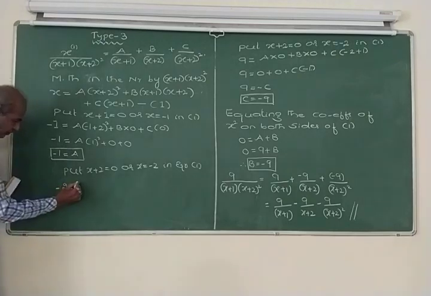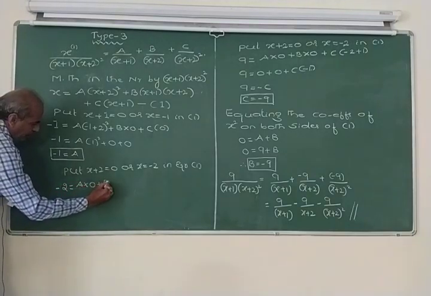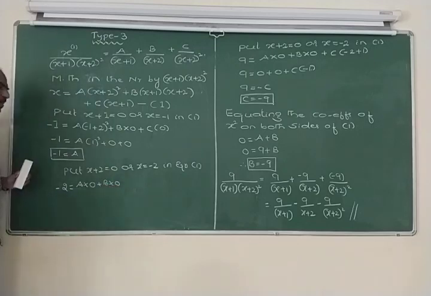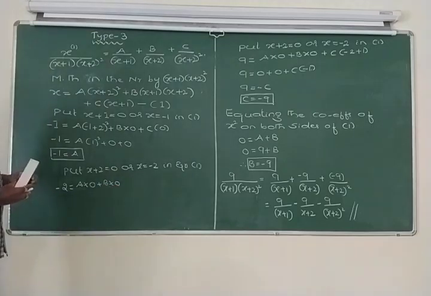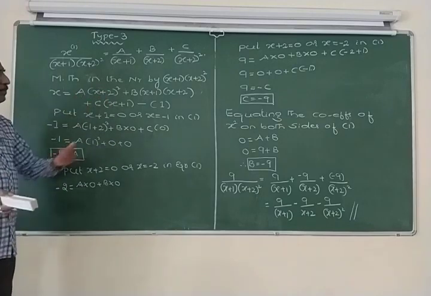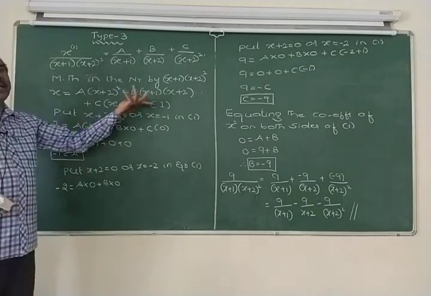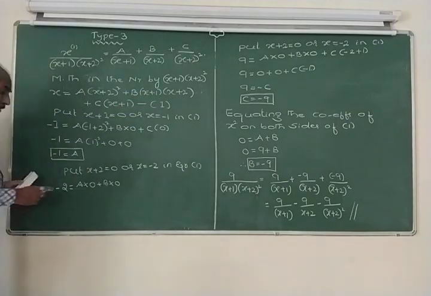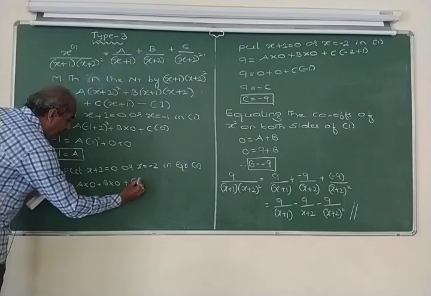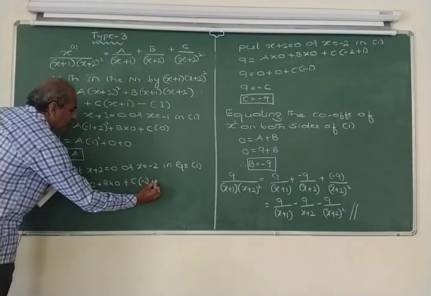In the sense, a times 0 plus b times 0. Let us not write in detail, it is understood. X plus 2 is 0, 0 into a; x plus 2 is 0, 0 into b. Not necessary to take this one. Plus the C term is not containing 0, but x is replaced by minus 2 plus 1.